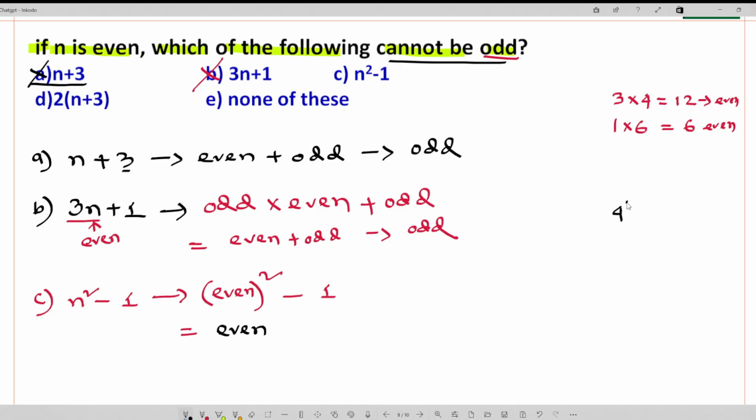Look, 4 square will be 16, 6 square will be 36. All are even numbers. So even minus 1 will become odd. But we are searching for the one that cannot be odd, and this one becomes odd.